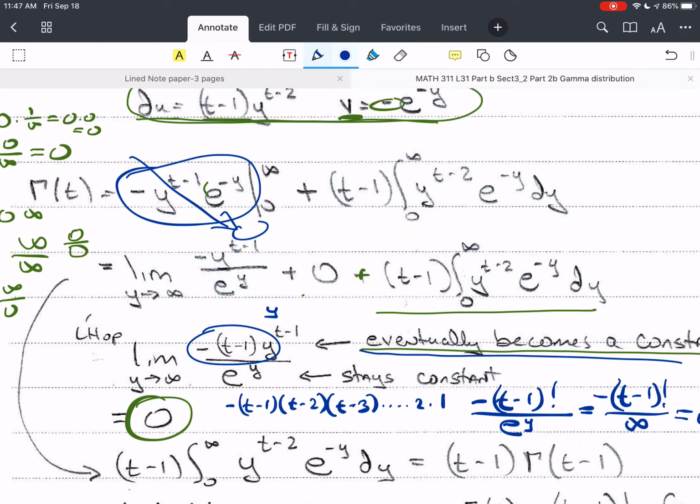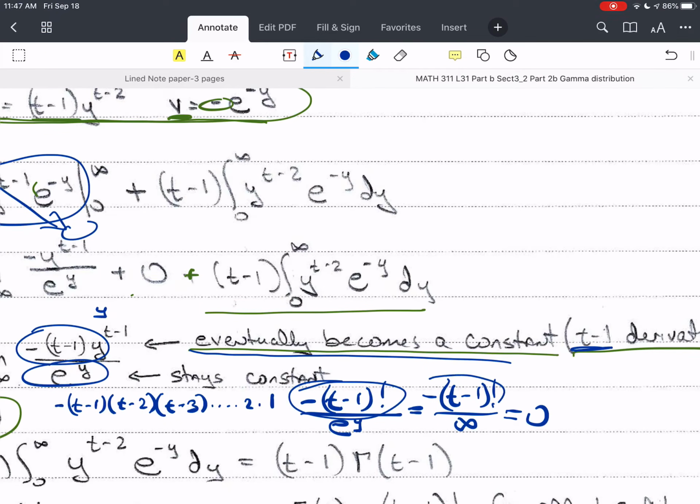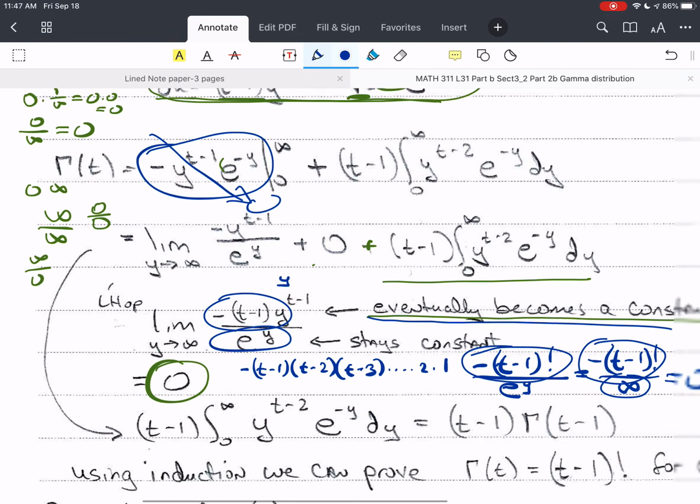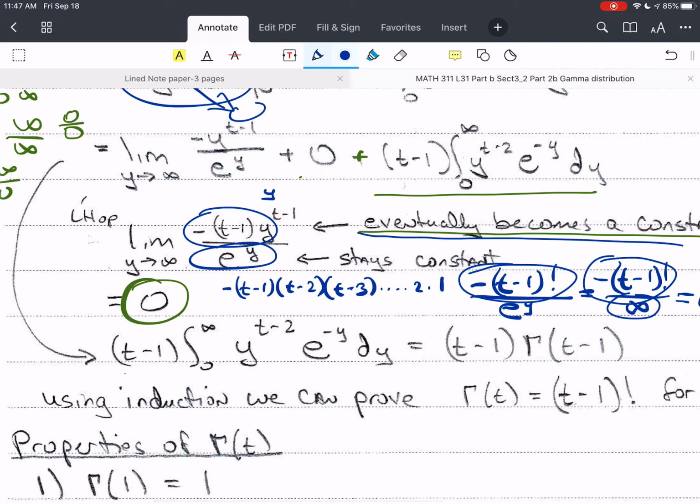So that will be this constant here, divided by this, which didn't change. And a constant divided by infinity is still going to be 0. All right. Sorry to take extra time for that, but I just want to make sure that it's clear that you follow that. If you have questions, please ask me. I'm happy to help you out with that.